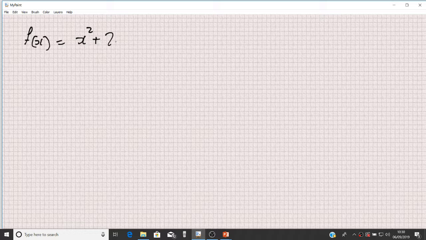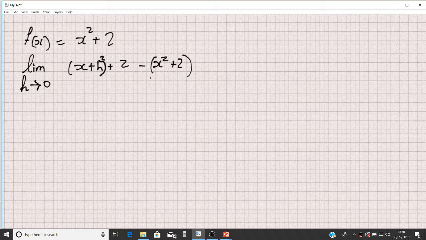Now we use the same principle, so we're looking at the limit as h approaches 0, and we have x plus h all squared plus 2 minus f of x, which is x squared plus 2, and that's all over h.